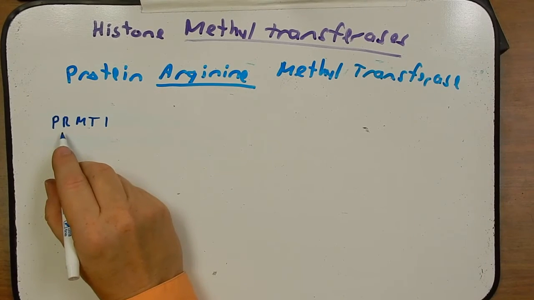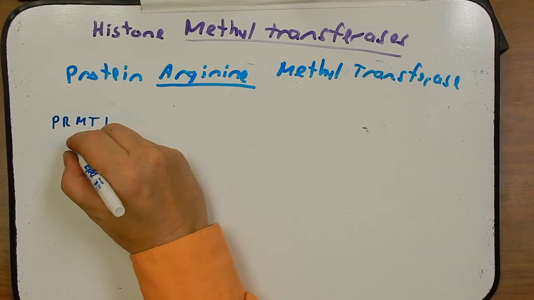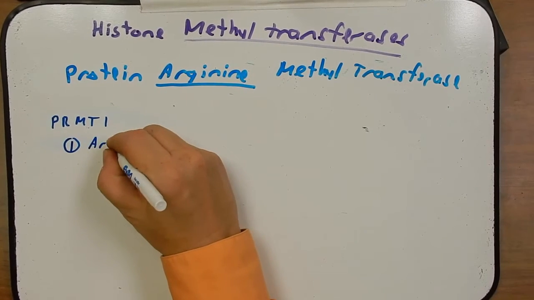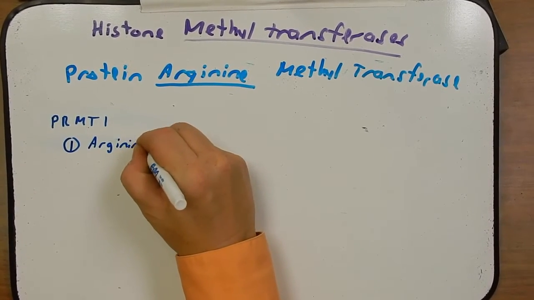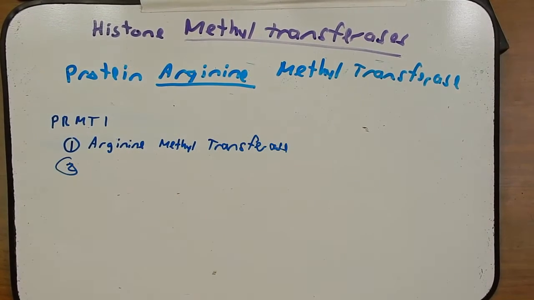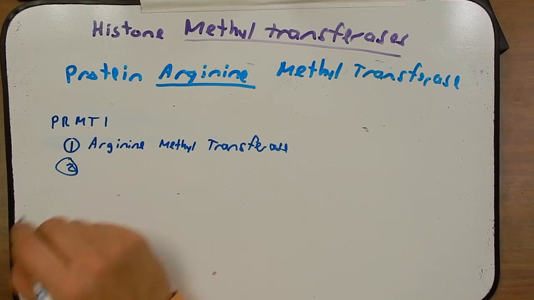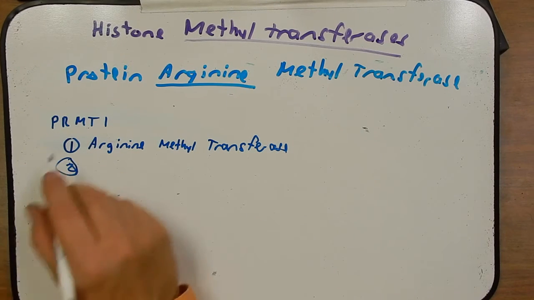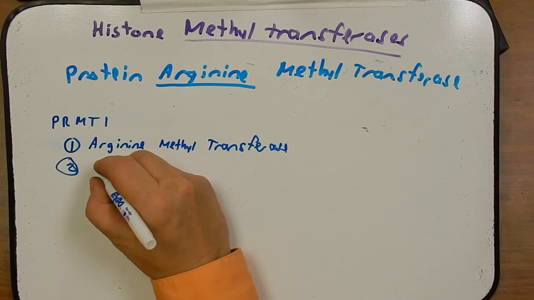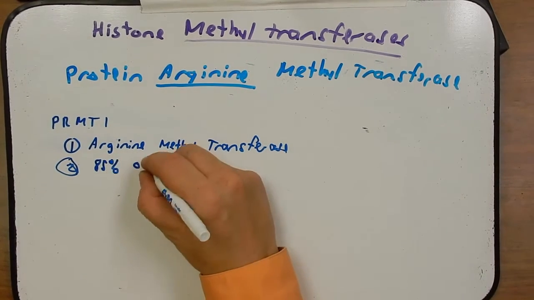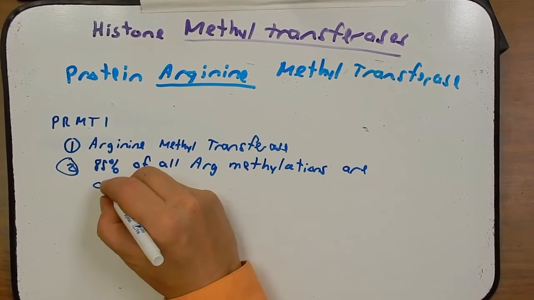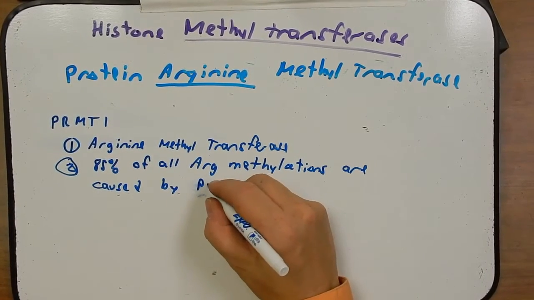Now, I want you to know this particular enzyme, and these are the few things I want you to know about it. First, you should know that, as the name implies, it is an arginine methyltransferase. Now, there are lots of these methyltransferases in the cell, and we know most about this one because it's a very predominant one. About 85% of all arginine methylations are caused by PRMT1.